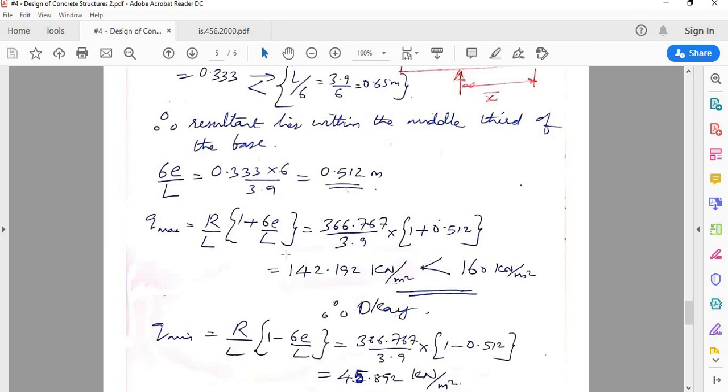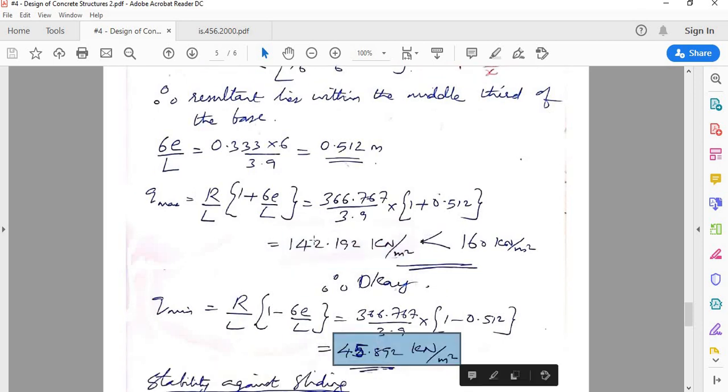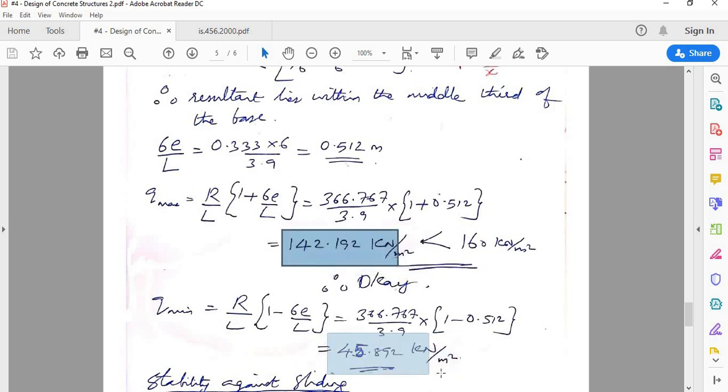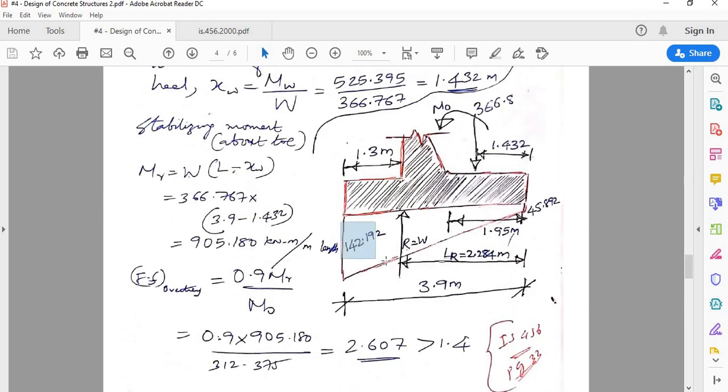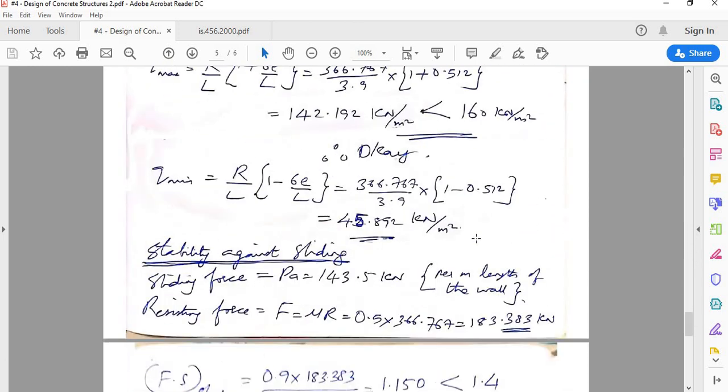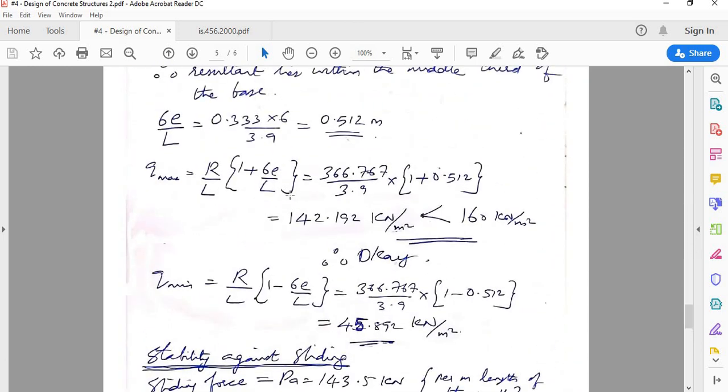So that is what I am getting. I will get the maximum value and I will get the minimum value. The maximum I am getting is 142.192, minimum I am getting is 45.892. That is what I have drafted here, 142.192 and 45.892. Now let us check for the maximum pressure. Our SBC as per the question is 160 kilonewton per meter square.